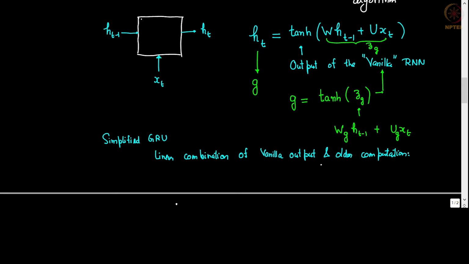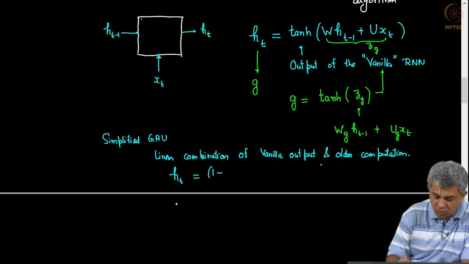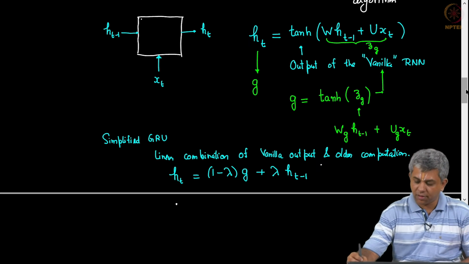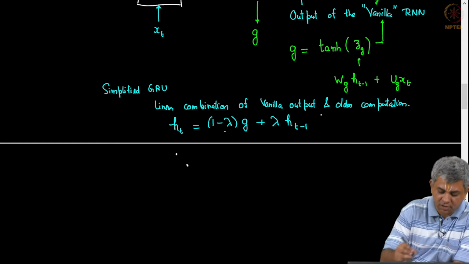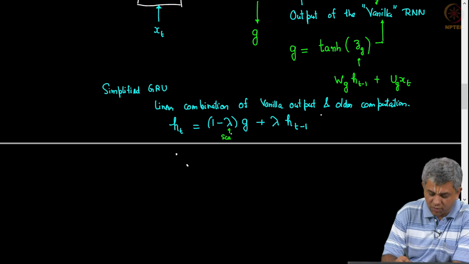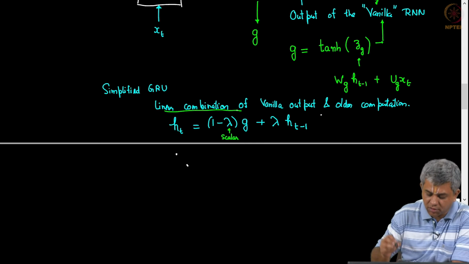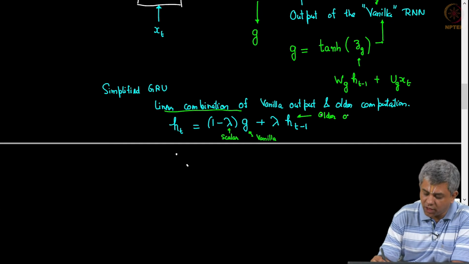It looks like this: HT is equal to 1 minus lambda times G plus lambda times HT minus 1. Notice this is some scalar for now. I am going to modify this shortly. This is simply a linear combination. This is our vanilla output and this is my older output.